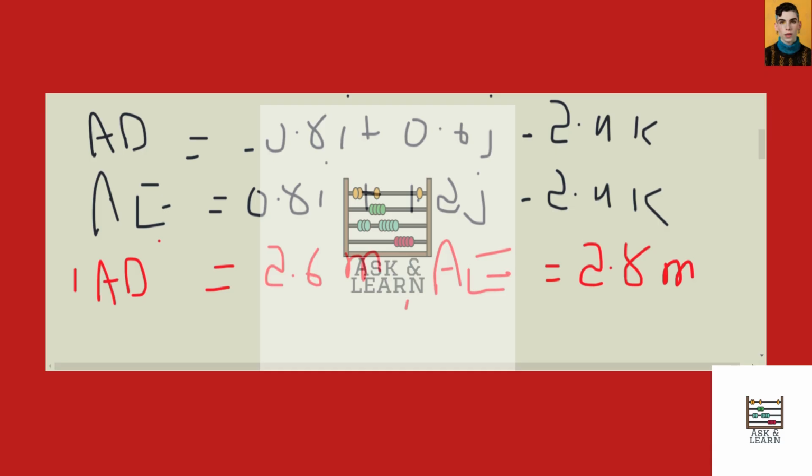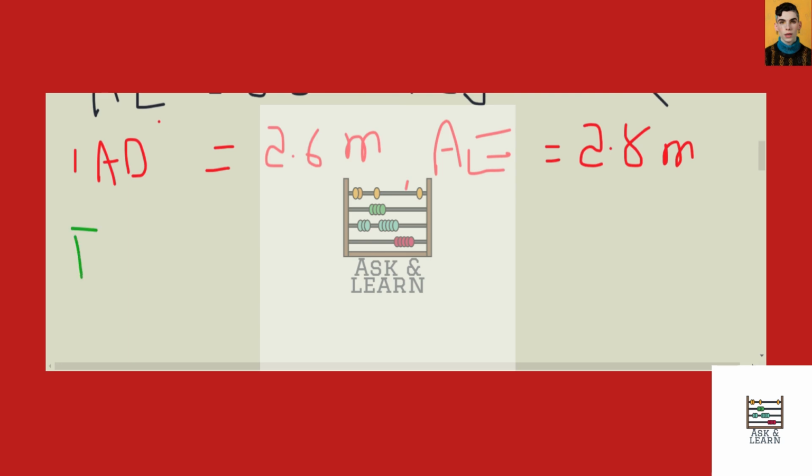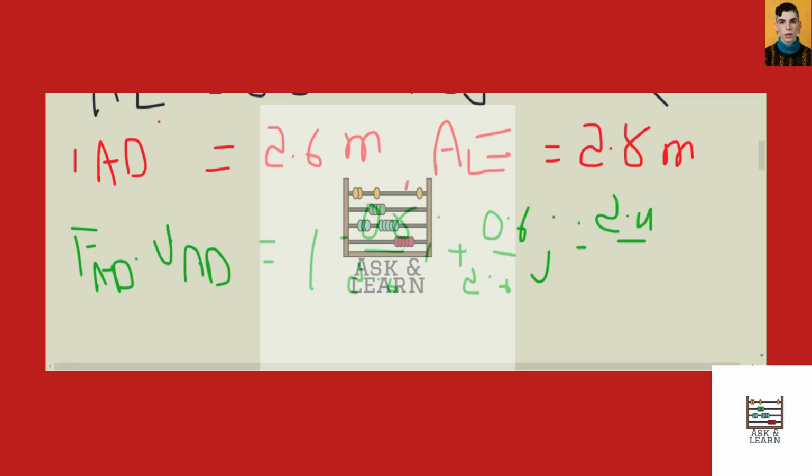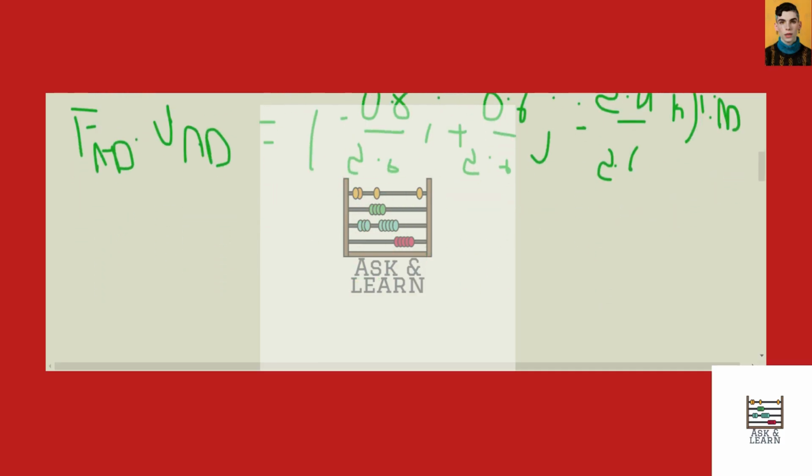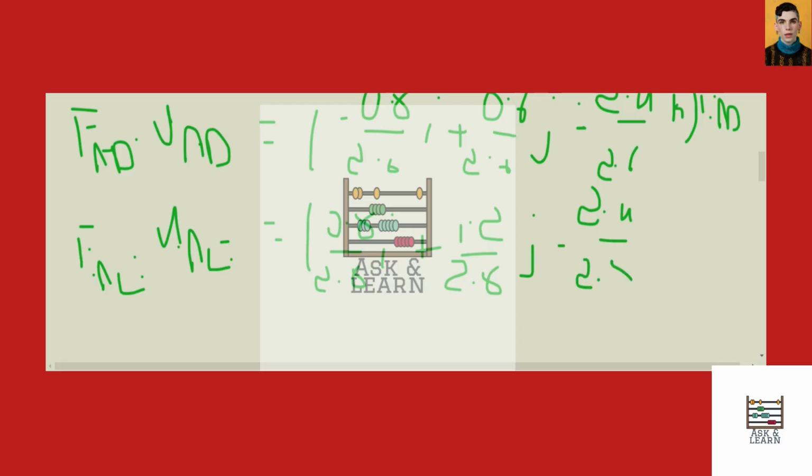So now I can write FAD into UAD, which is equivalent to minus 0.8 upon 2.6i plus 0.6 upon 2.6j minus 2.4 upon 2.6k times FAD, and FAE into UAE will be equivalent to 0.8 upon 2.8i plus 1.2 upon 2.8j minus 2.4 upon 2.8k times FAE.